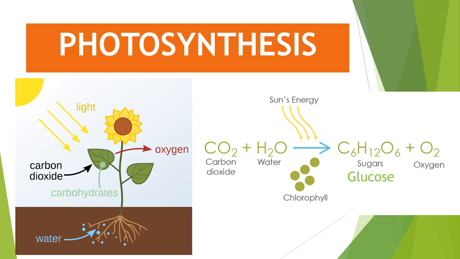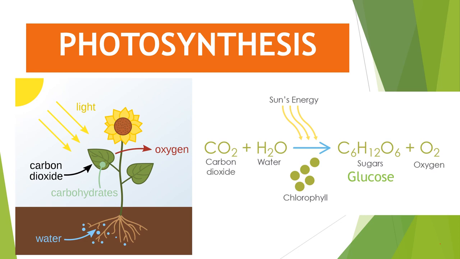So after photosynthesis, what do we get? We get glucose and oxygen. Glucose means sugar, and oxygen. This is the chemical formula of photosynthesis. Carbon dioxide plus water in the presence of sunlight and chlorophyll, we get glucose and oxygen.